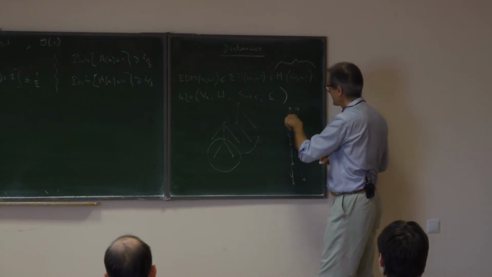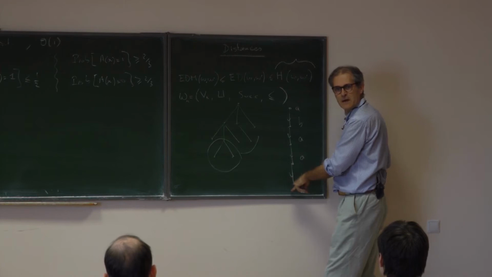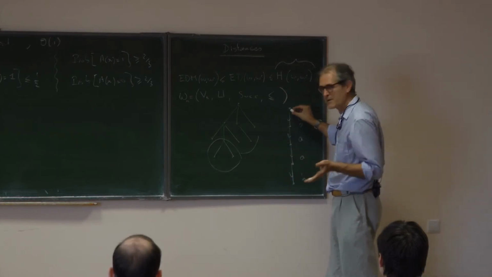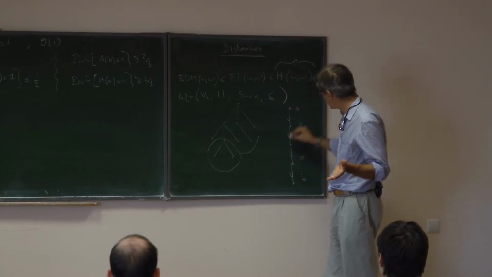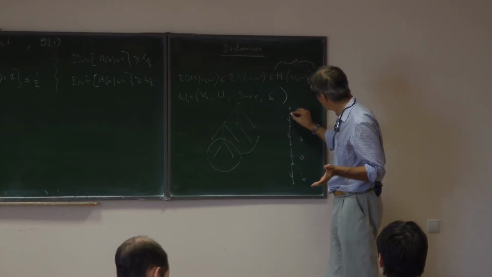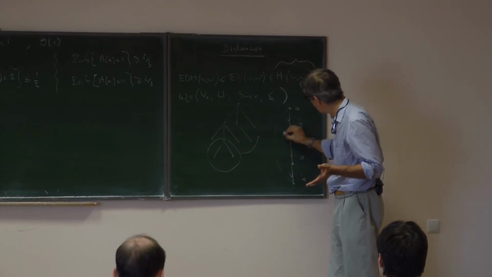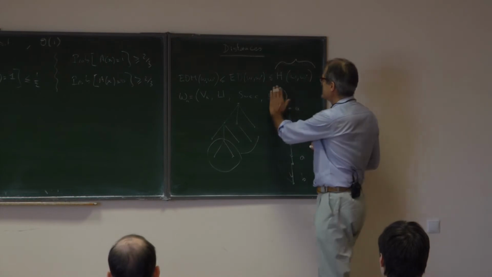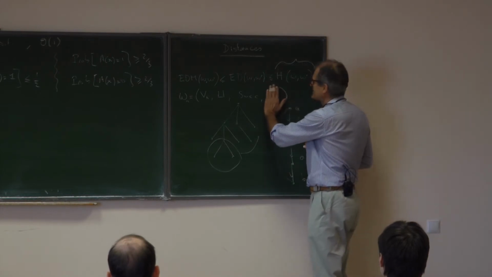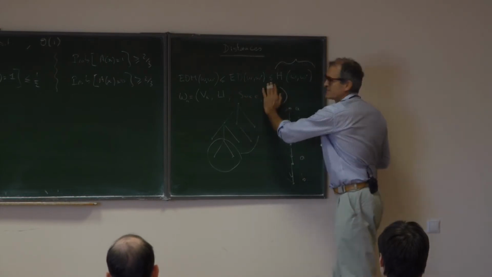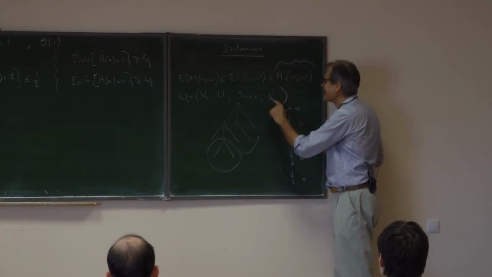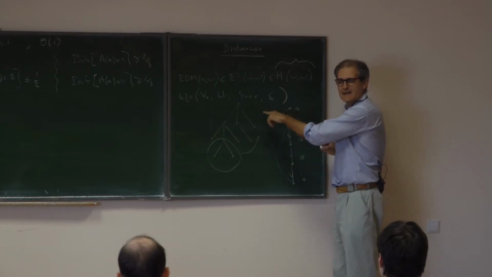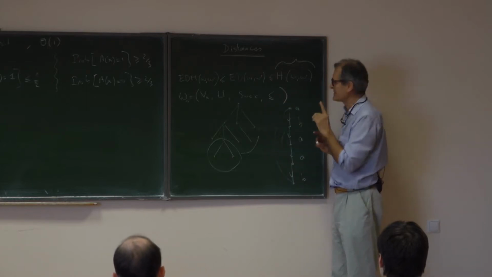Then you have a successor relation that I wrote here. And then you may have an ordering. The ordering is the transitive closure of the successor relation. So for example, if you add it as a graph, you have to add all the edges here. This is the ordering. Usually people figure that as a logical structure, if you have the successor, of course you can get the ordering, and if you have the ordering, you have the successor. But the reason I take it like this is for a good reason.